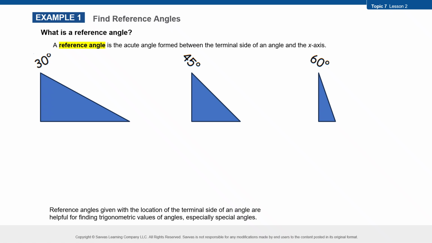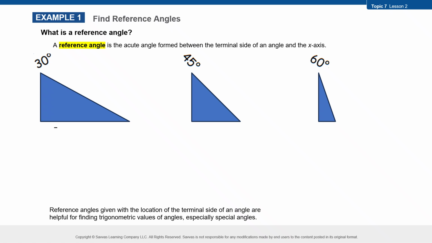These are our reference angles, and we did them in all 4 quadrants. For example, we know we're in quadrant number 2. Let me change my color.